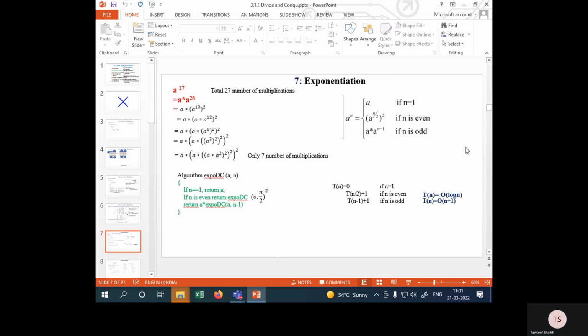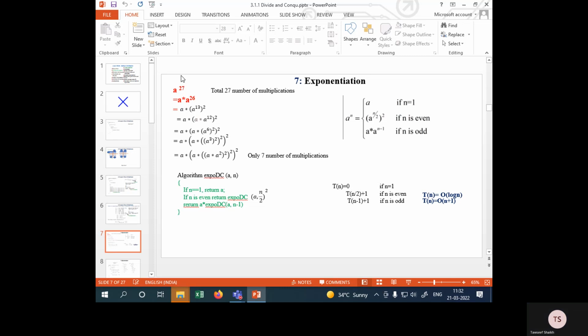All right. So the next one in this divide and conquer is exponentiation. It's not so complex to understand, but being part of the syllabus, let's throw some light on it also. What does exponentiation mean? Something raised to the power something. That's it. A to the power 27.